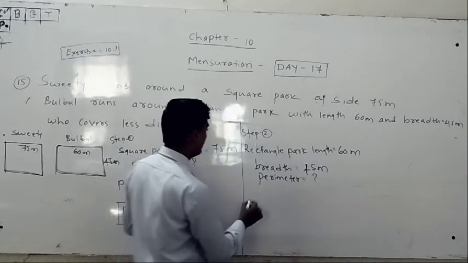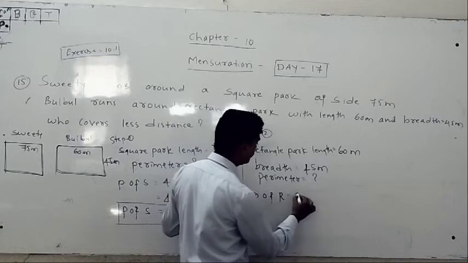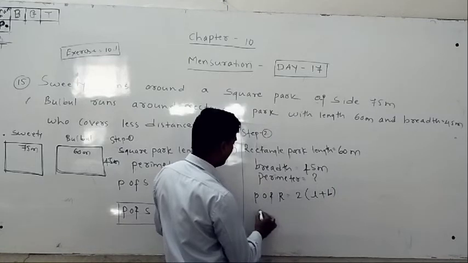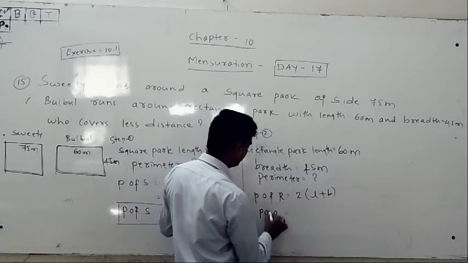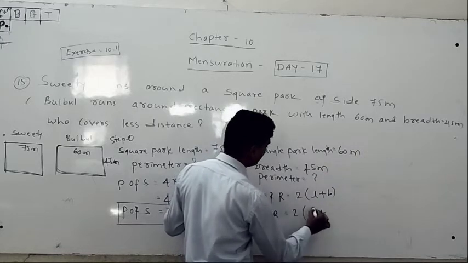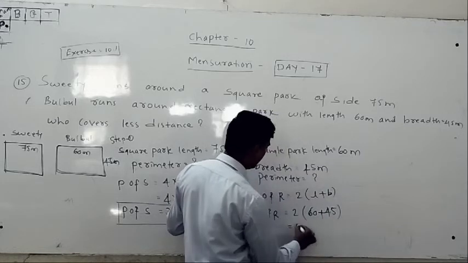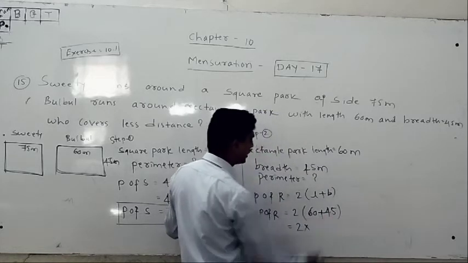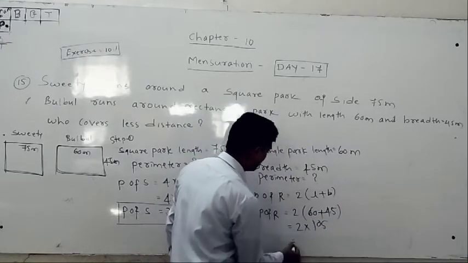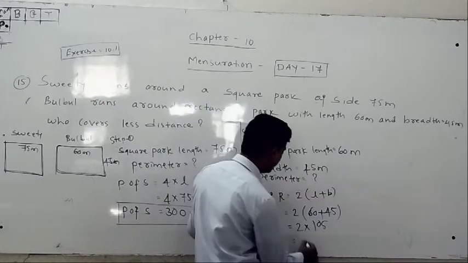What is the formula? Perimeter of R, P of R is equal to 2 bracket L plus B. Then P of R is equal to 2 as it is bracket L plus B. Then 105 times 2, how much? 210.